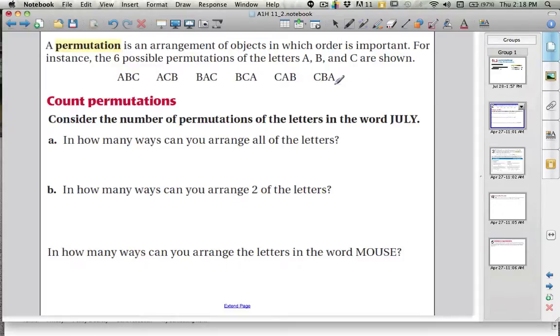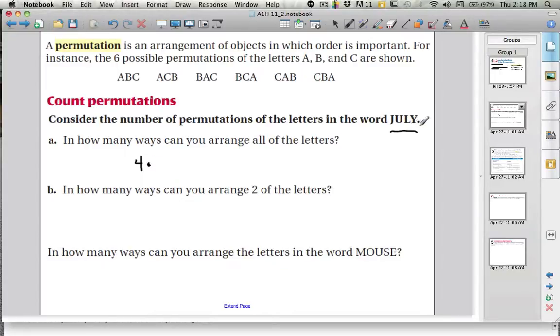And the way we generally find out how to do that is when we talk about making the arrangements of letters. When I select the first letter, if we take the word July, the first letter could be any one of 4. So there are 4 different possible outcomes for the first letter.